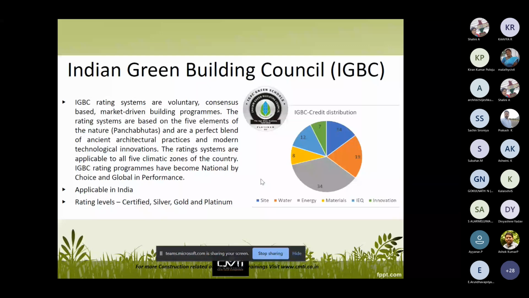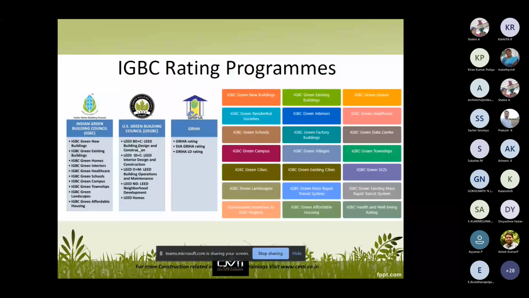There are various rating programs available in India. IGBC has nearly 28 rating systems, according to the climatic condition and the use of buildings. For new buildings, we have a separate rating system.